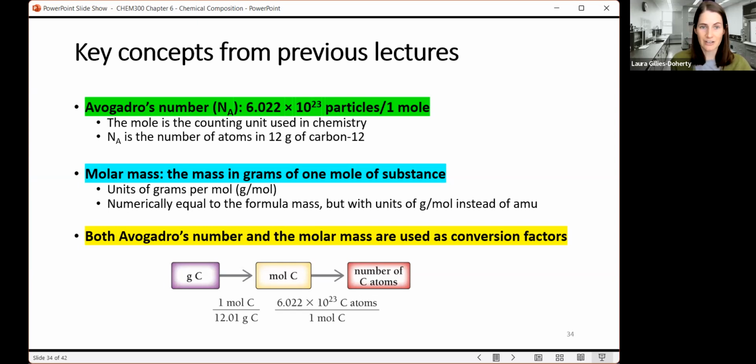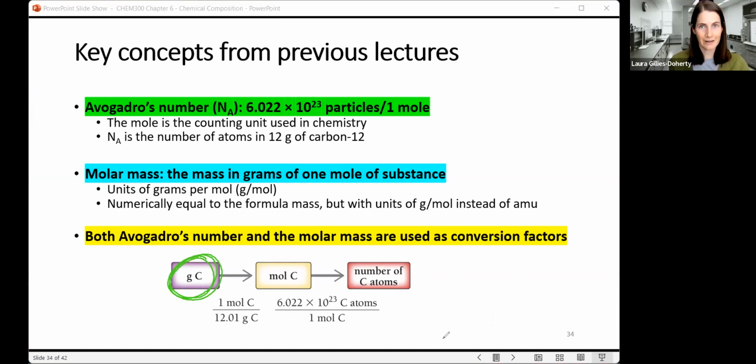So in chemistry, it's very, very common to, in the lab, be weighing out the substances that you're working with in terms of grams. But then when we're looking at chemical equations and reactions, we're interested in the numbers of molecules and atoms.